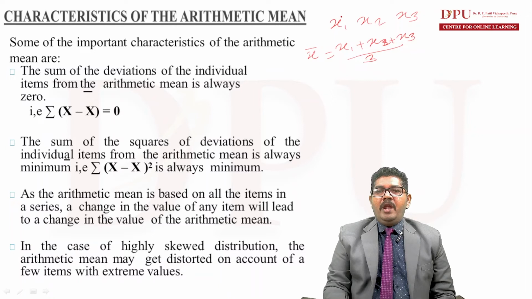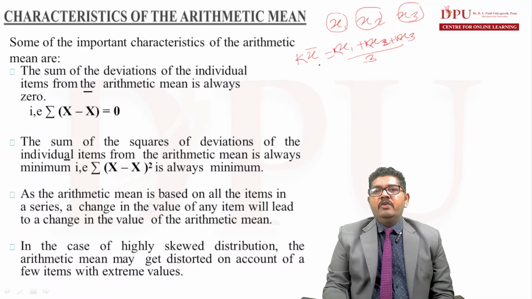Now if I multiply all these values x1, x2, x3 by a value k, then they become kx1, kx2, kx3, and therefore the arithmetic mean also becomes k x bar. So if we multiply every observation in the data set by a particular value k, we need to multiply the arithmetic mean by that value.